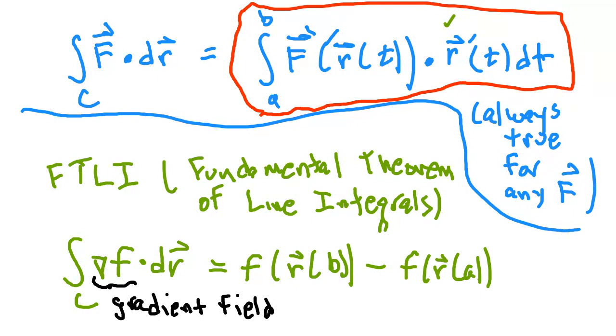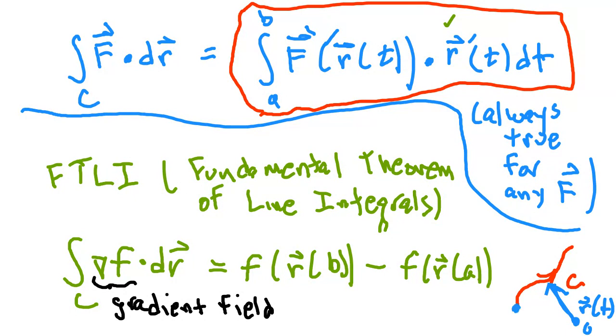So, you know, a space curve C that is traced out by a position vector, r of t, from the origin.